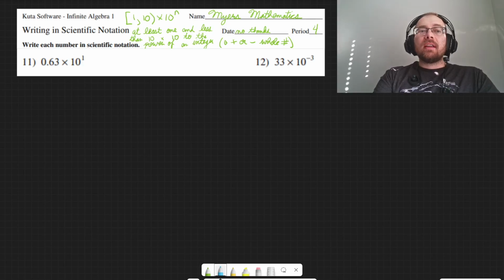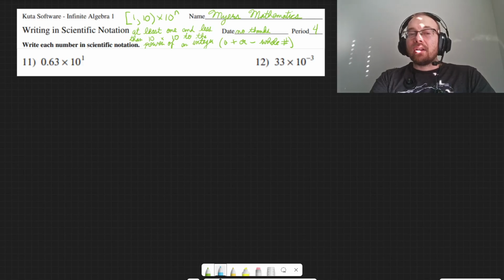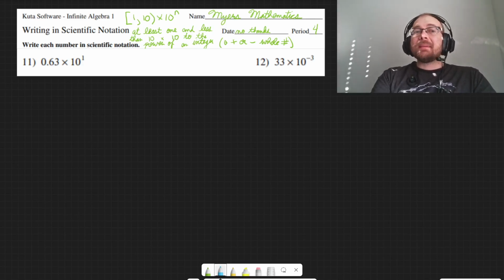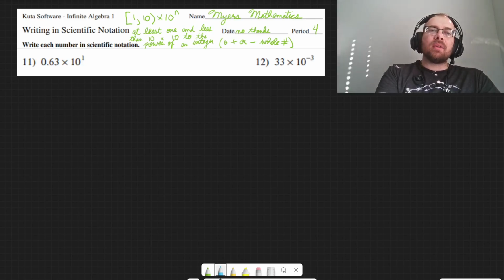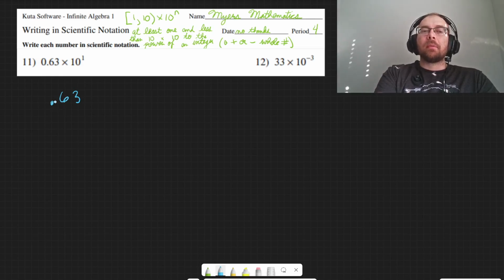So currently, both 11 and 12 are not in scientific notation, even though they kind of look like it a little bit. And that's because for 11, 0.63 is less than 1. It has to be a number between 1 and 10. 0.63 is not a number between 1 and 10. So if I take 0.63 and I change that to a number between 1 and 10, I'd have to move the decimal place over.